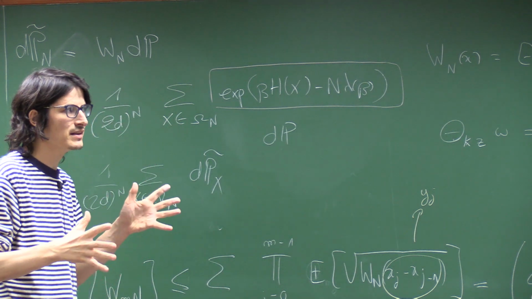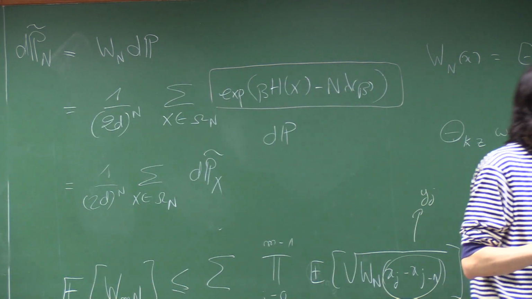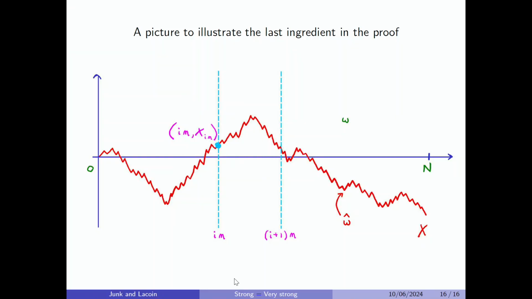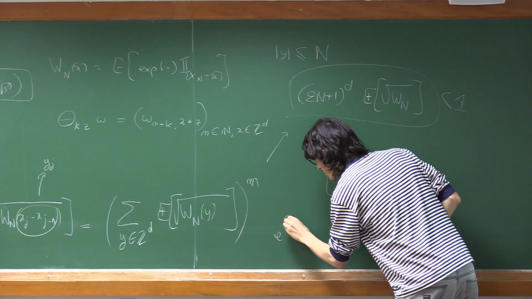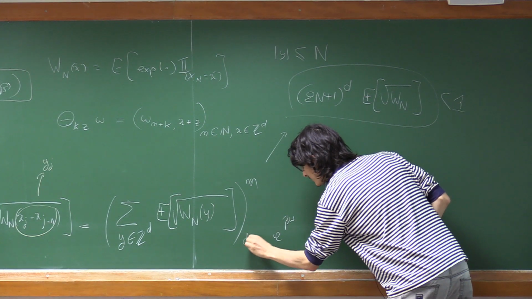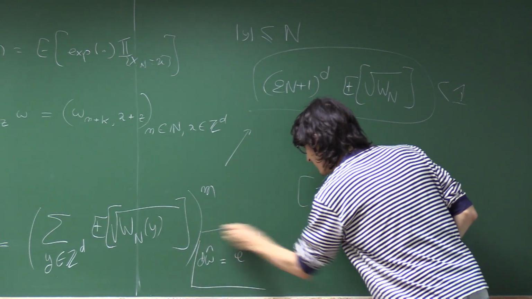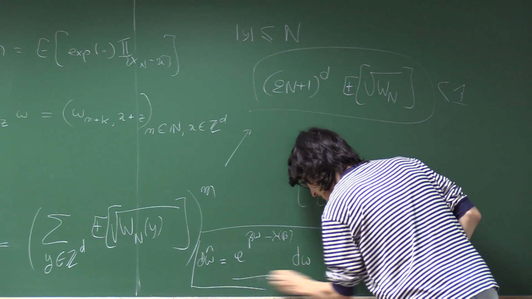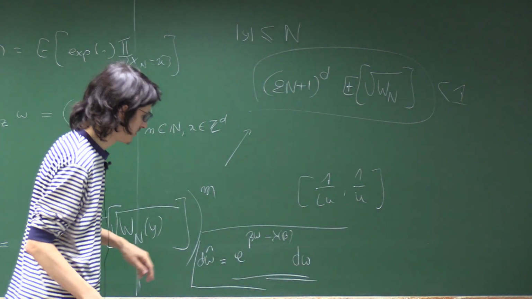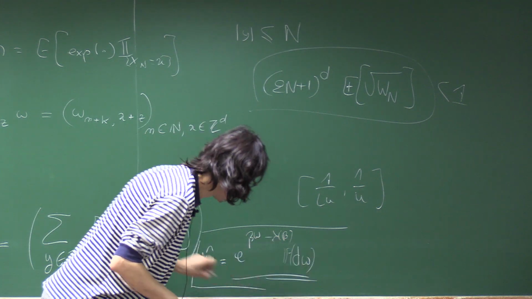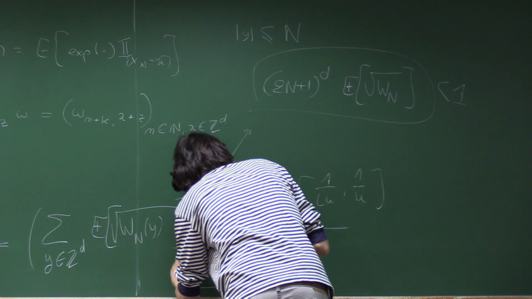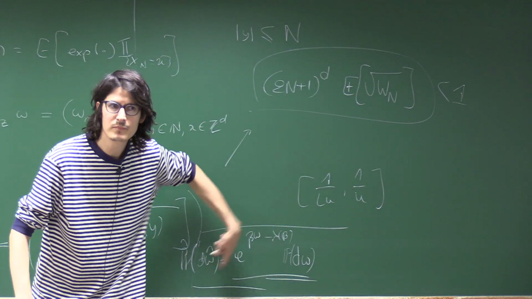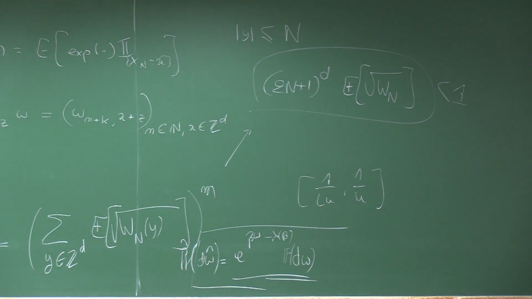So things are still independent, but the distribution is different for sites that are on the trajectory of x and sites elsewhere. The distribution of omegas on the spine has been changed in this manner. The details are not really important.